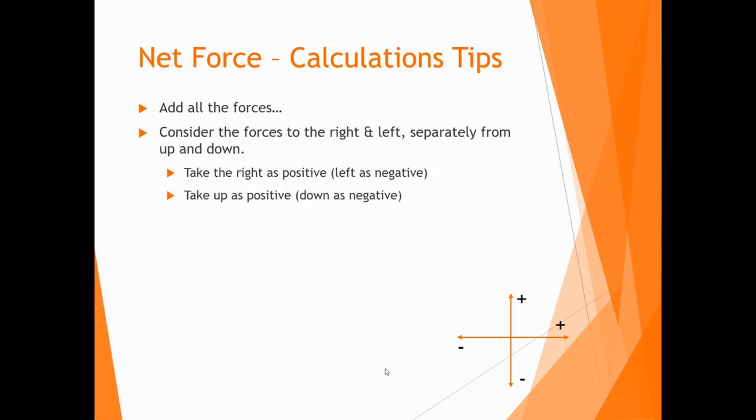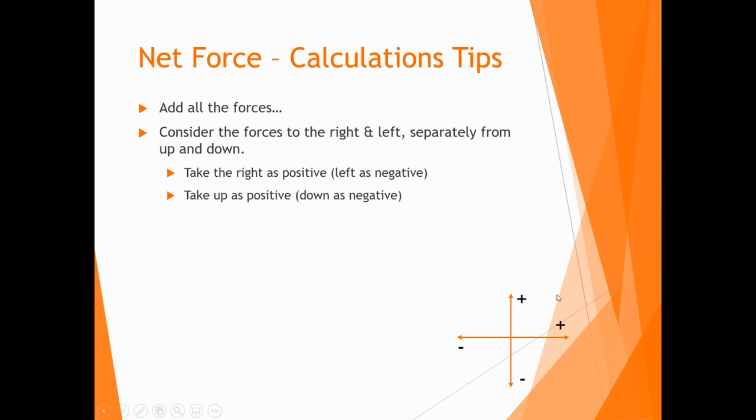So a couple of tips. When you're doing the net force, you're going to add all the forces together. Consider forces to the right and left separately from up and down. So if we had something that had forces up and down, you're going to consider those as a set, as well as the ones to the right and left as a set.